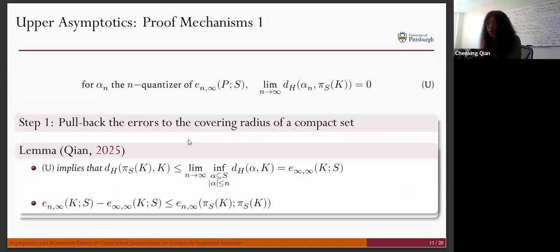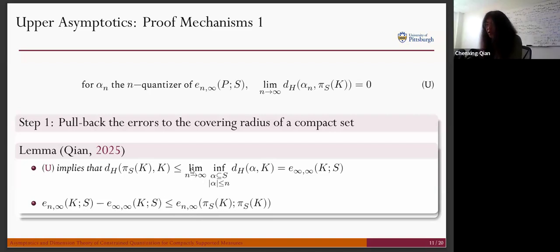For the proof, the major technique we use is the triangle inequality induced by the metric projection, so we can pull back the quantization problem with constraint on another set S to another problem. We can instead study the E_{n,infinity} of pi_S K, but the constraint is a compact set itself.